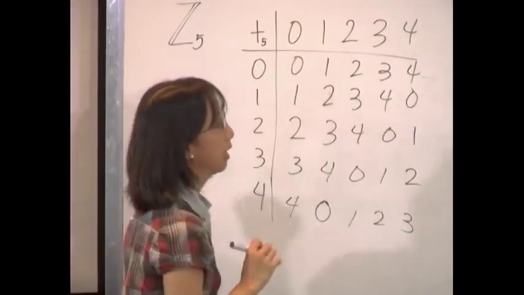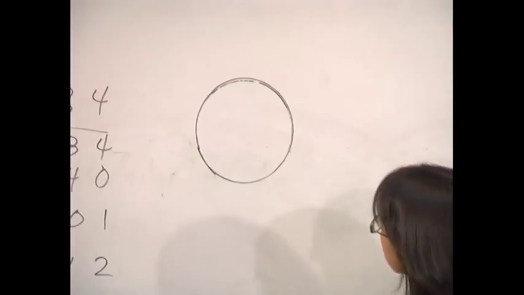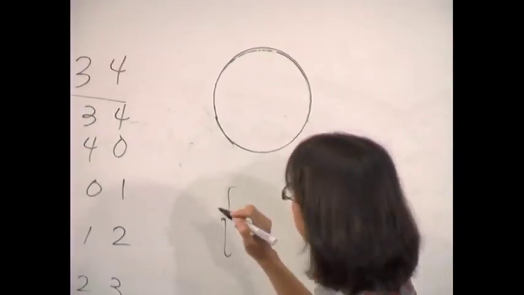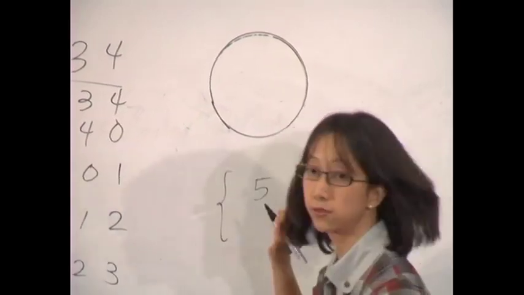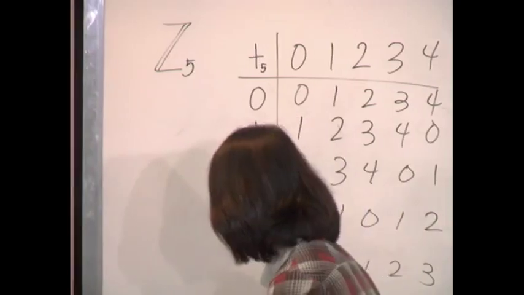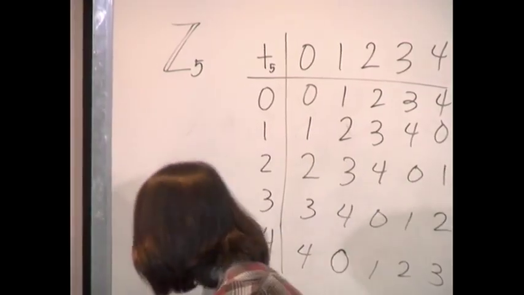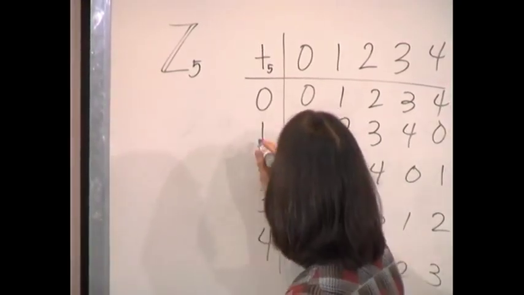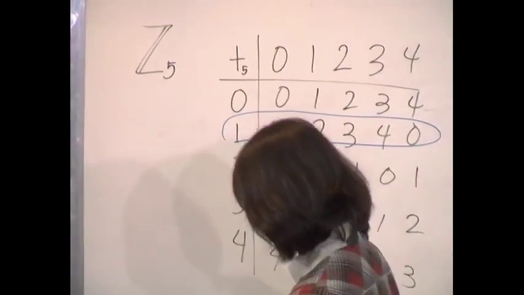Now let's make circular graphs. Since we are talking about Z5, our modulus is 5. Let's concentrate on this addend.